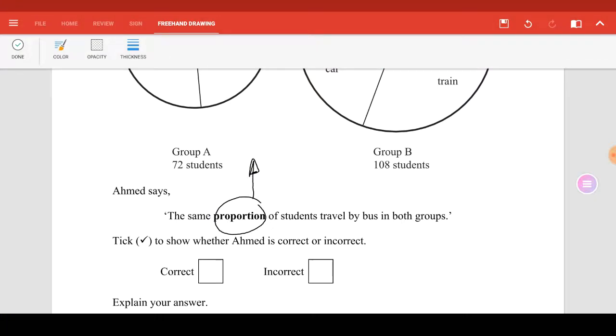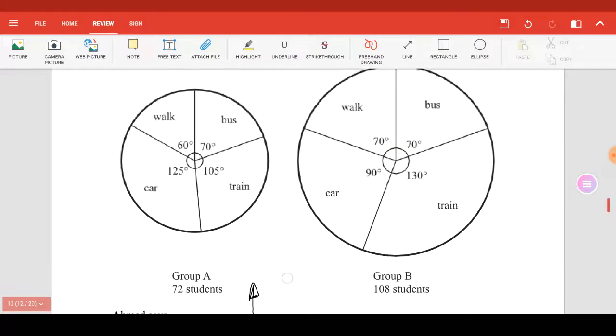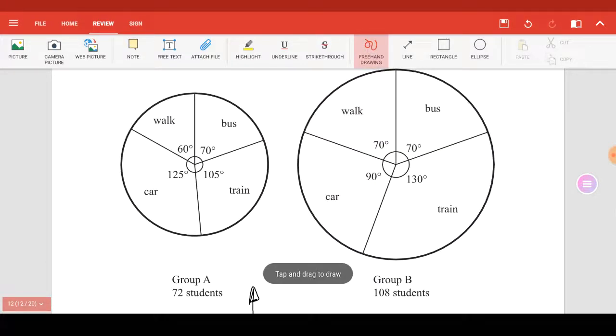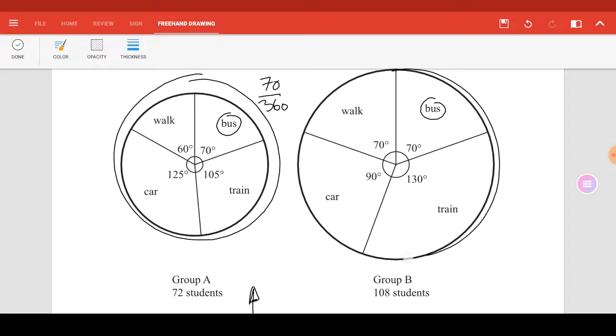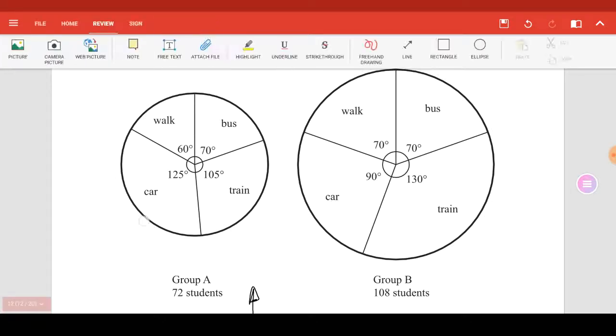So the proportion is the value of the part over the total of the sample, which takes 70 degrees over 360, and the same here, the bus compared by but the same group is 70 over 360, so they are equal.